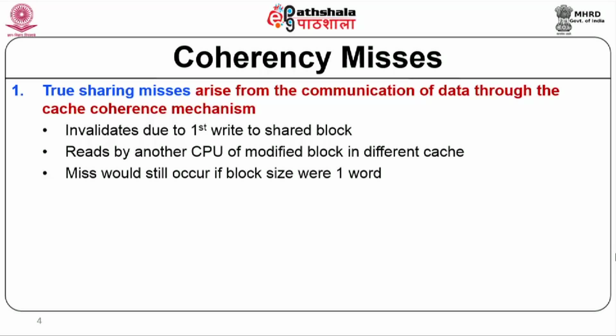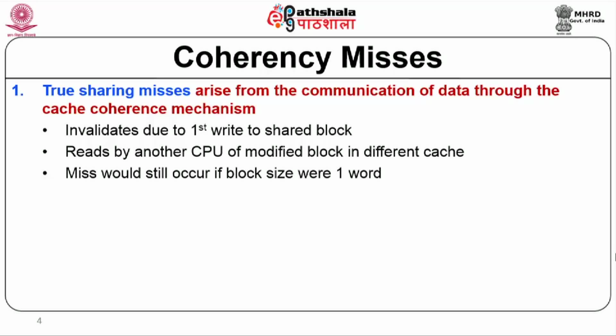A true sharing miss arises from the communication of data through the cache coherence mechanism. Say for example, you have invalidates due to the first write to the shared block, and suppose another processor wants to read this modified block in a different cache, it will definitely encounter a cache miss. That becomes a true sharing miss.